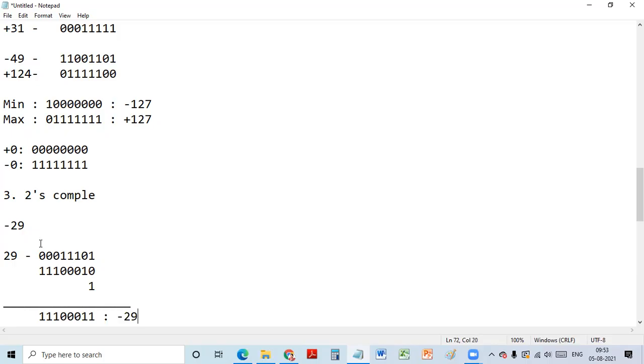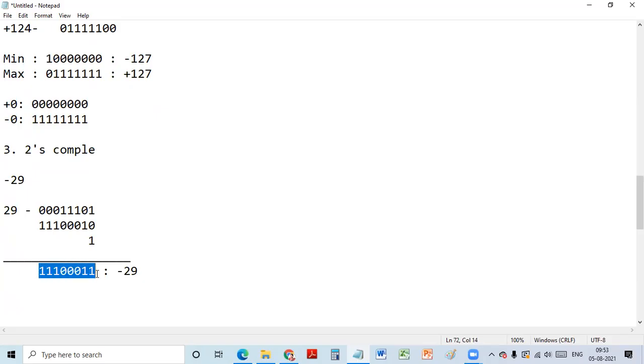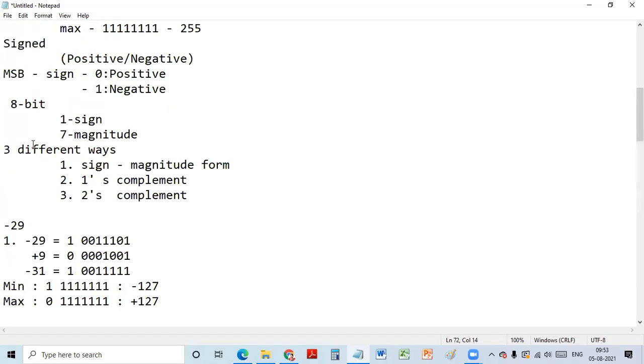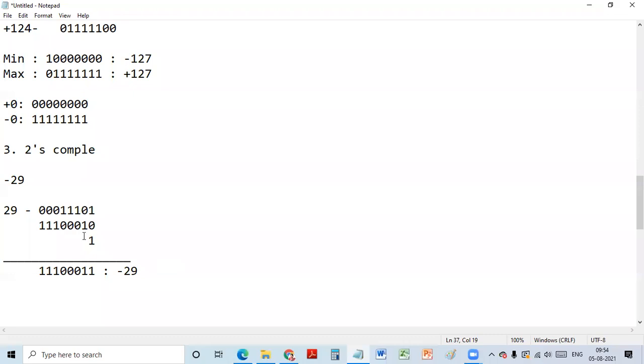Here minus 29 is different, and here minus 29 is different, and even in sign magnitude, minus 29 is different. It is not necessary that all will have the same type of representation. So in the 2's complement case, minus 29 is this value. Am I clear?